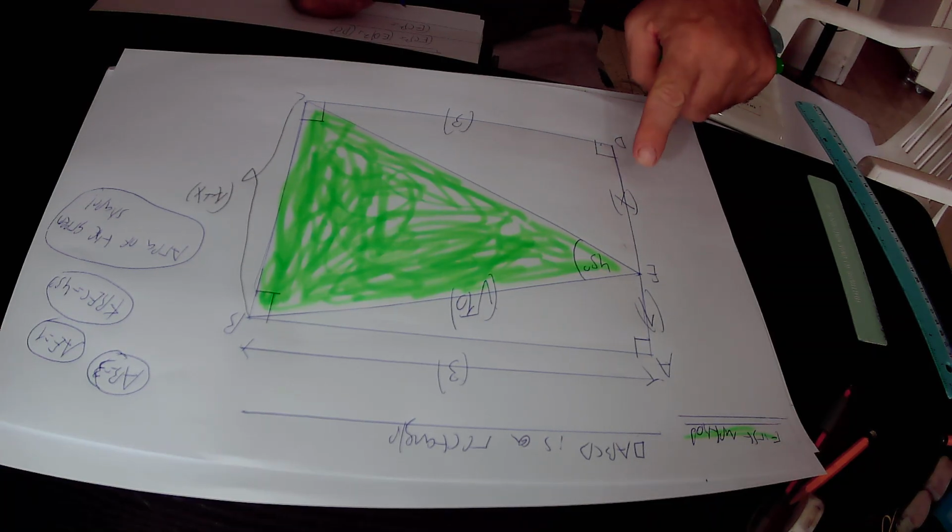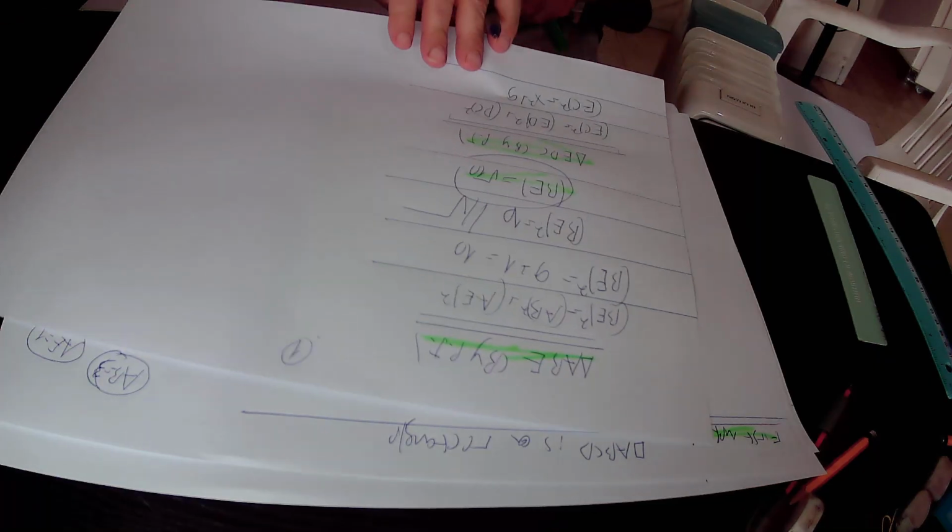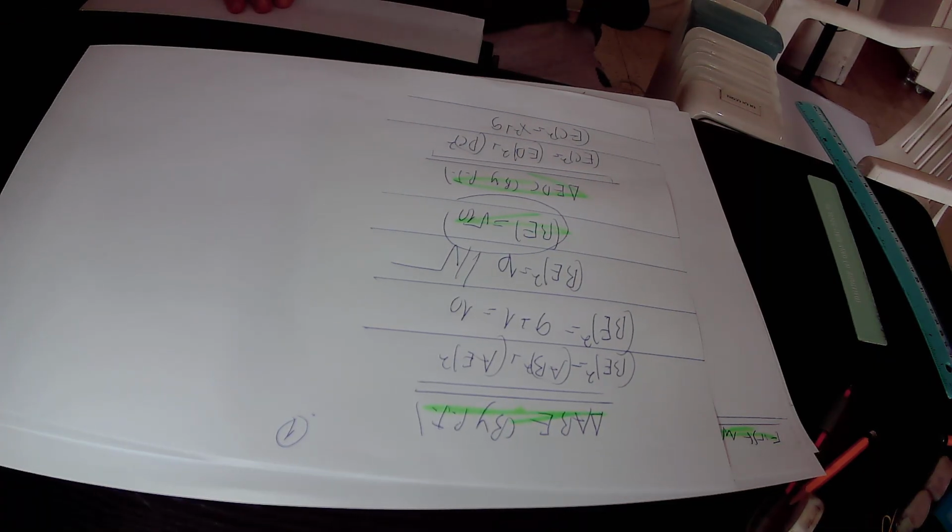ED is x, therefore ED squared is x squared, plus DC squared. DC is 3, therefore DC squared is 3 squared, that is 9. So in total, we find that EC squared equals x squared plus 9.